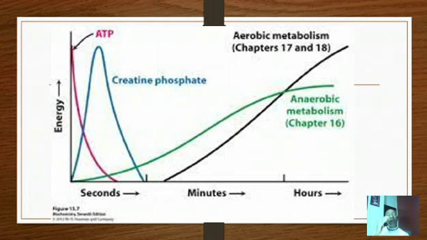Therefore, those seconds where we are having a reduction in the amount of energy or ATP is as a result of the first stages of glycolysis, where ATP is used to form ATP at the end. More so, within the muscles, remember, ATP can also be used as a source of energy, thereby explaining to us those curves or those graphs.